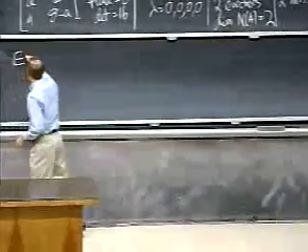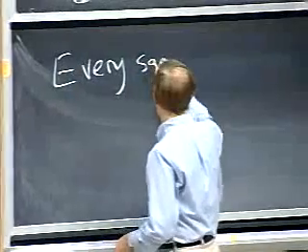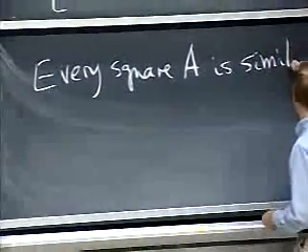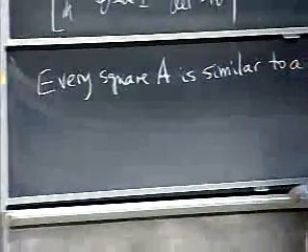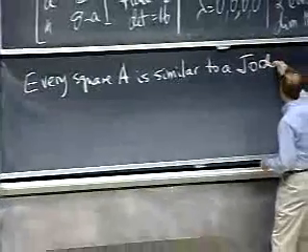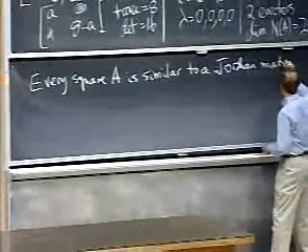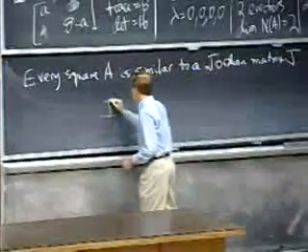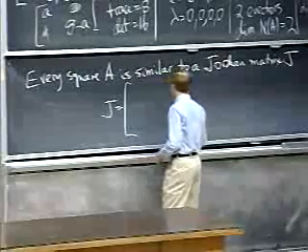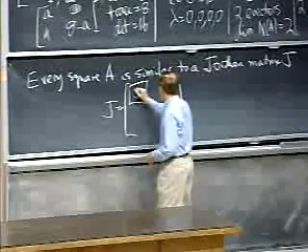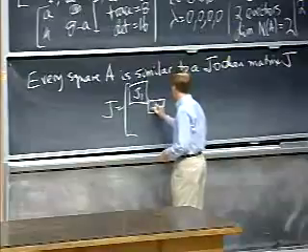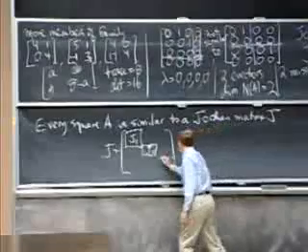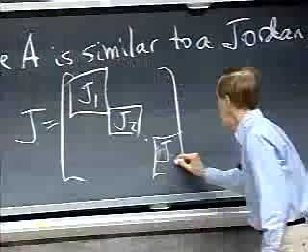Here's Jordan's theorem. Every square matrix A is similar to a Jordan matrix J. And what's a Jordan matrix J? It's a matrix with these blocks. Jordan block number 1, Jordan block number 2, and so on, up to Jordan block number d.